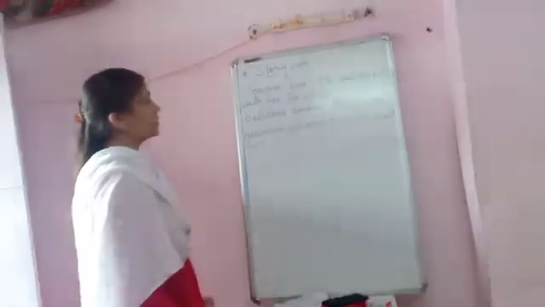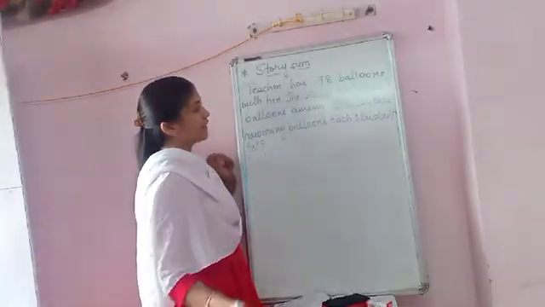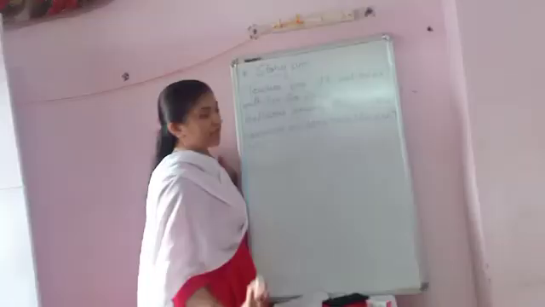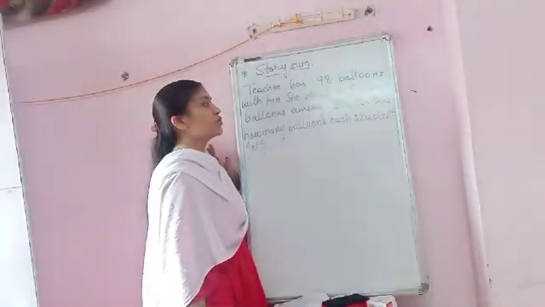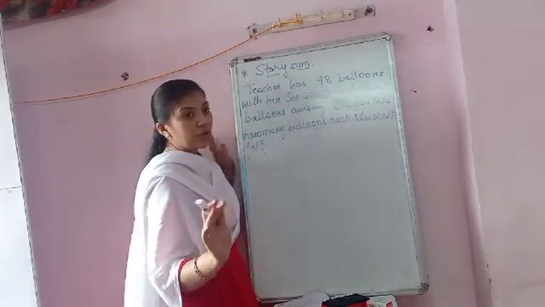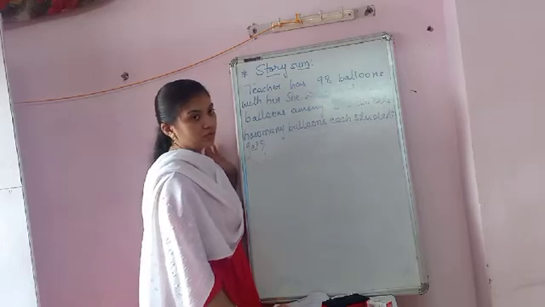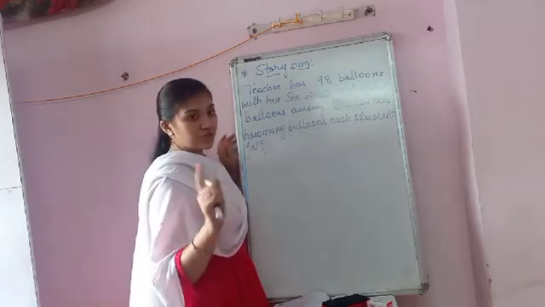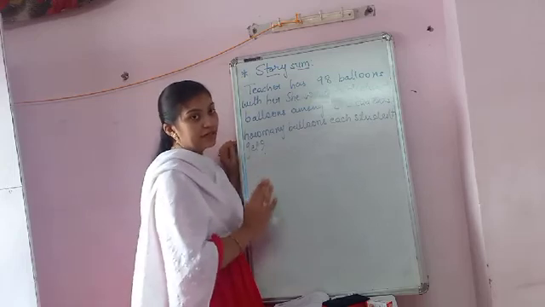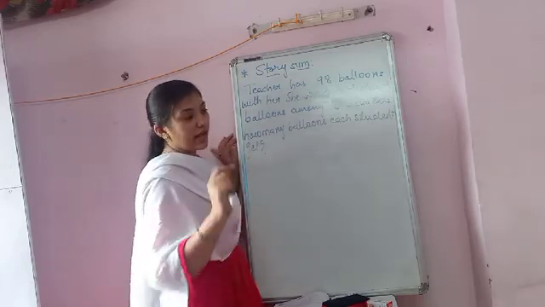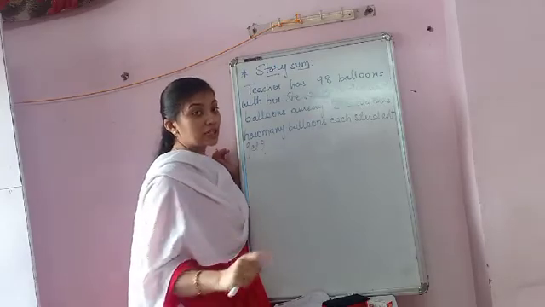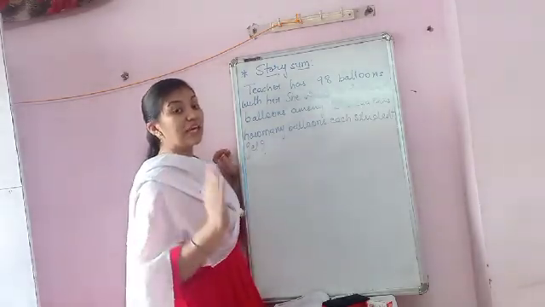Okay, so what will be the question? Teacher has 98 balloons with her. She wants to distribute balloons among 8 students. Total she has 98 balloons, and she has to distribute them equally among 8 students.